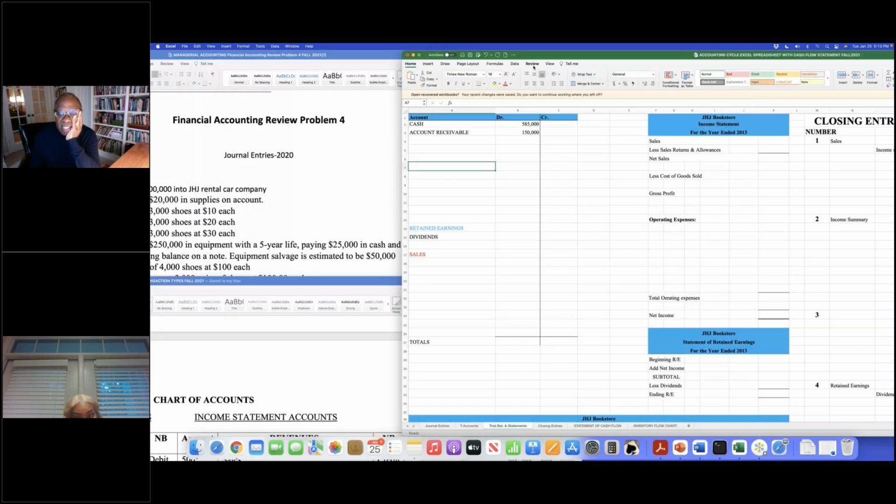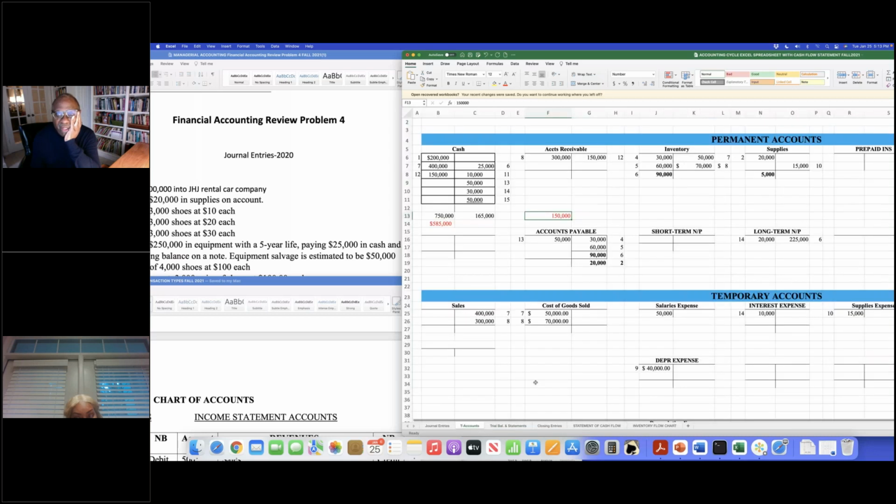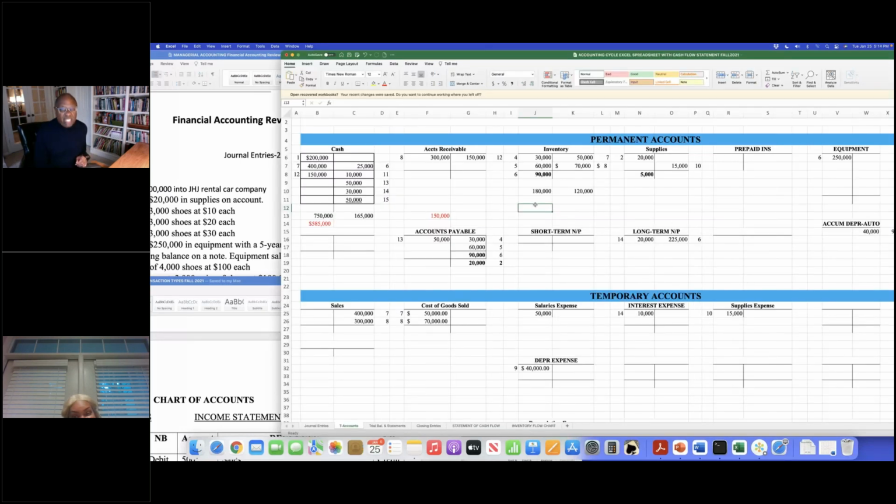So going back to the T accounts, we're going to go to inventory. We do an auto sum here. And if we auto sum them, we have debits of 180 and credits of 120. So we come in here, put this formula in here again, equal. We click on the 180.